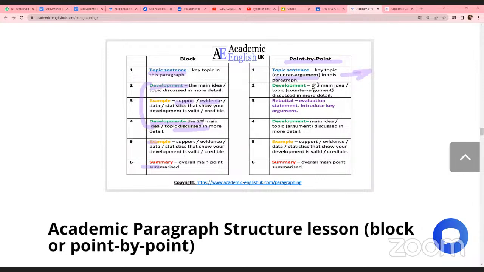Okay, so the main idea, you're gonna place it as a development, right? Again, you have the counter argument, and it needs to be discussed in more detail. Okay, so for this part, for example, you're going to talk about euthanasia, right?